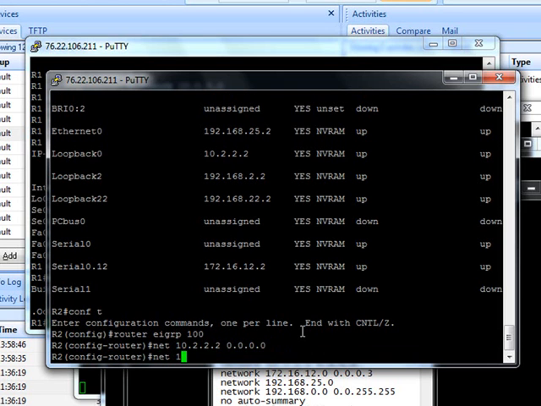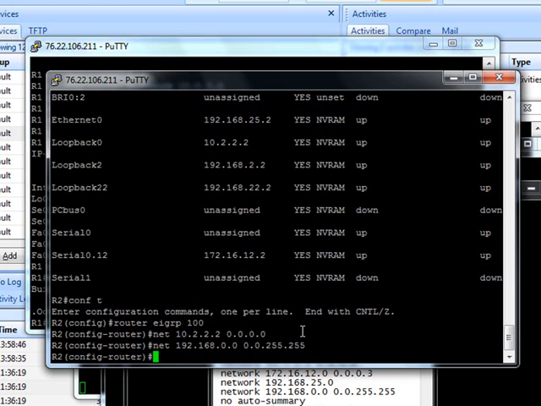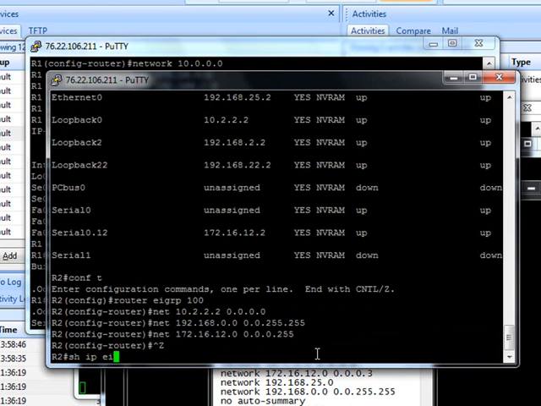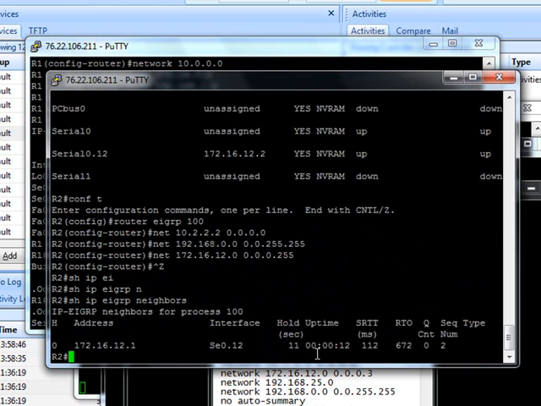Now we can do network 192.168, and let's supernet this 0.0, with 0.0.255.255. And then we can do network 172.16.12.0, 0.0.0.255. Now you'll notice back on here, it's showing the neighbor relationship up between R1 and R2. So if we do show IP EIGRP neighbors, voila, there we go.